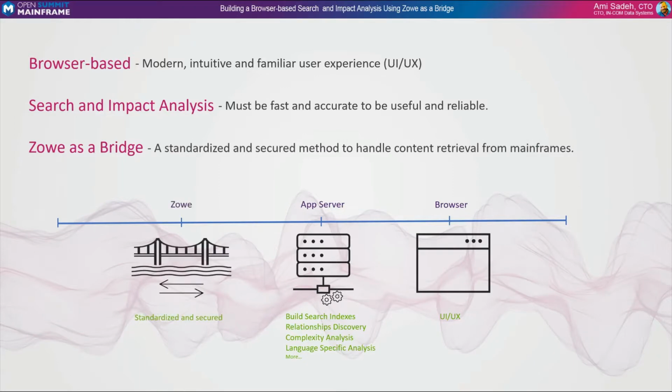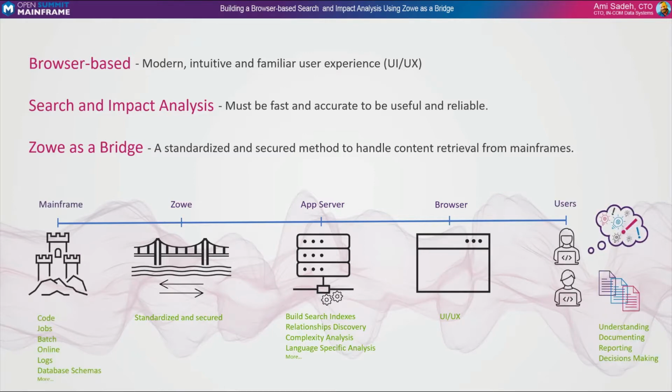Then we have Zowe. Zowe is used as a standardized and secured method to handle content retrieval from the mainframe. On the ends of this process, on one side we have the mainframe. And the mainframe is where the information resides. This is where we have code, jobs, batch environment, online environments, logs, database schemas, and lots of other assets.